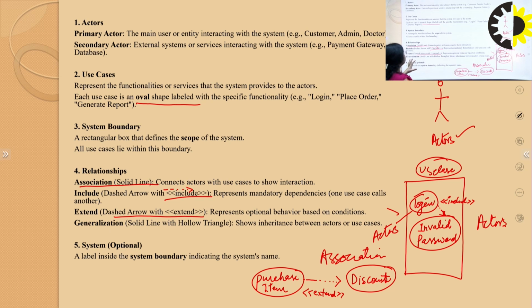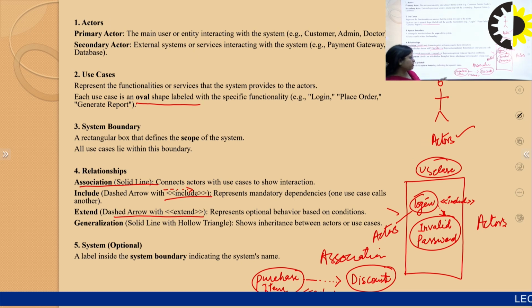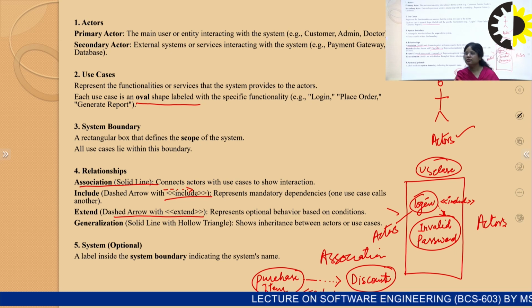The next one is generalization. It is represented by solid lines with hollow triangles, and it shows the inheritance between the actors or the use cases. Basically, if the actors are further divided into subcategories, then we can utilize this generalization. Like we can divide the customer into two categories.